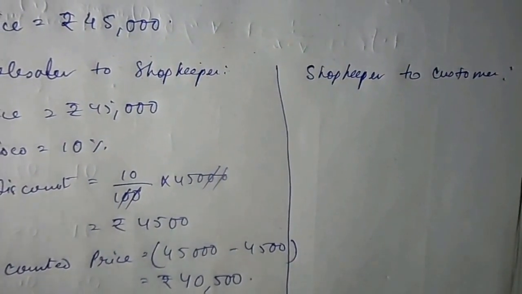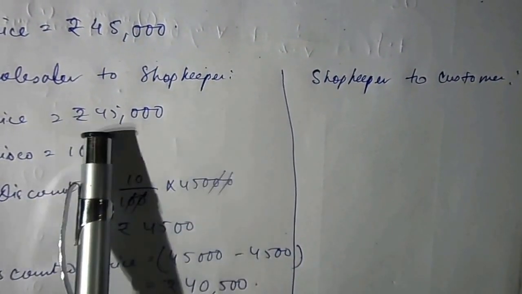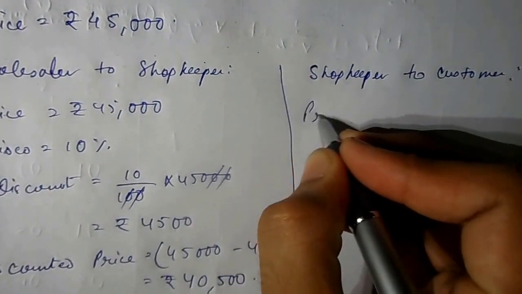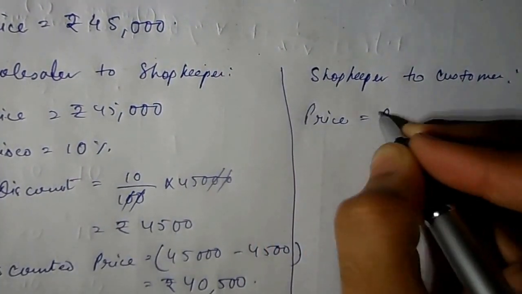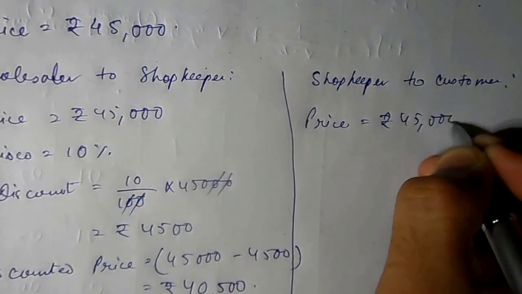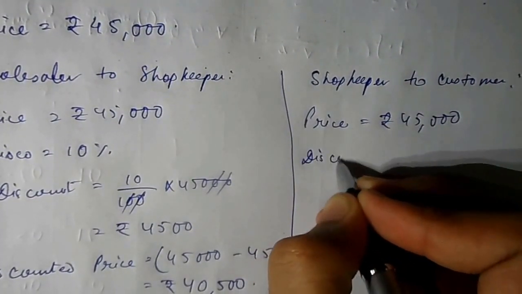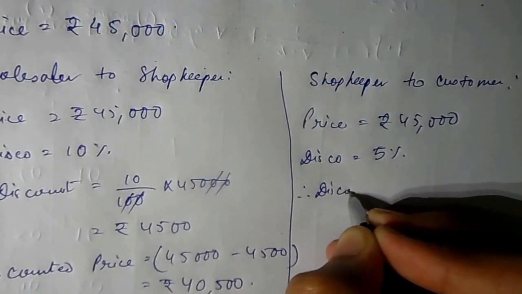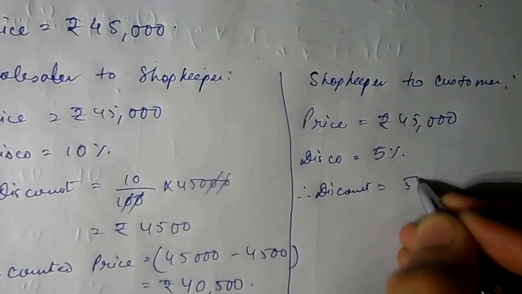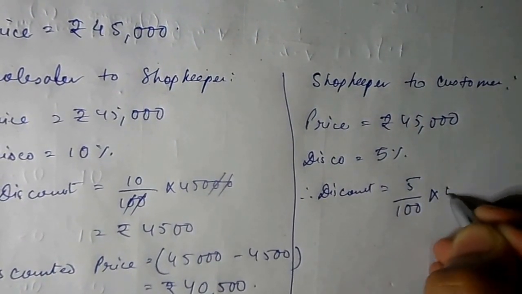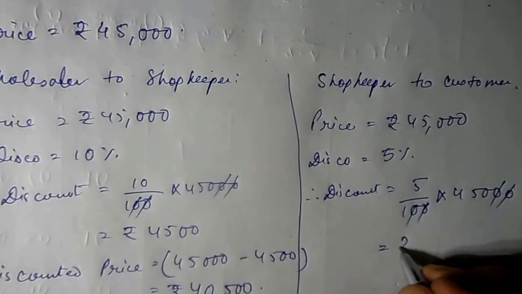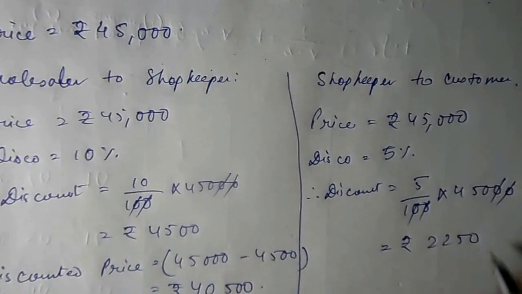Now he sells the same thing of rupees 45,000 with a discount of 5%. So price equals rupees 45,000. Discount equals 5%. Therefore discount will equal 5 by 100 into 45,000, which will be equal to 2250.